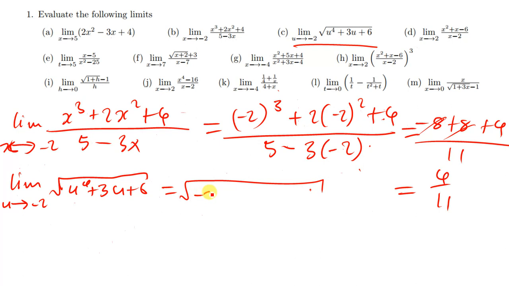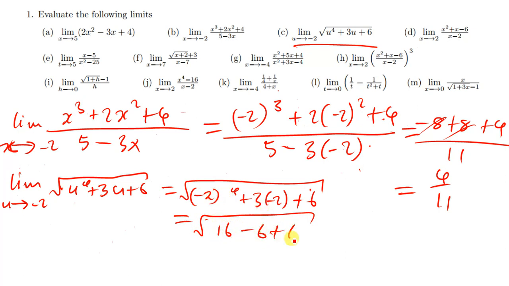So you have negative 2 to the power 4 plus 3 times negative 2, plus 6. When you simplify this, you get the square root of 16, and then minus 6 plus 6. So this and that will give you a 0. You just remain with the square root of 16, which is just 4.